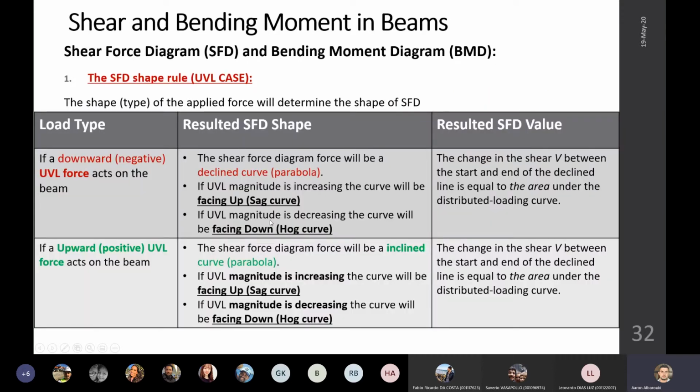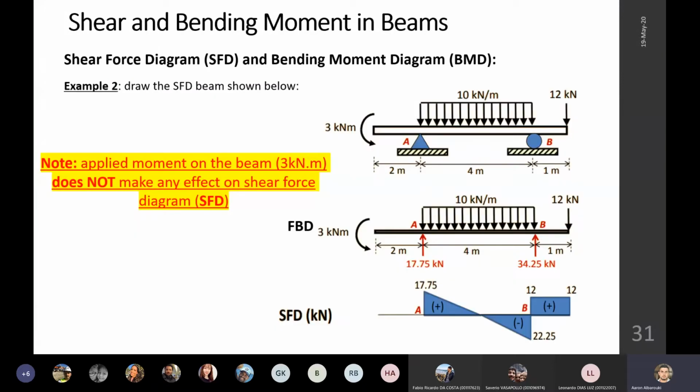Now for the UVL, uniformly varying loads, the last case, it's exactly the same as UDL, guys. The only one difference is the shape. And that shape will have a new rule for it, which is the shape will be curved to start with. So here we said a straight line will produce a diagonal line.